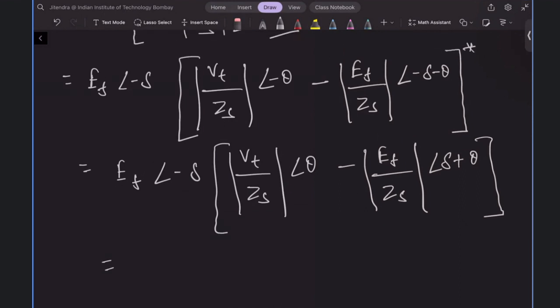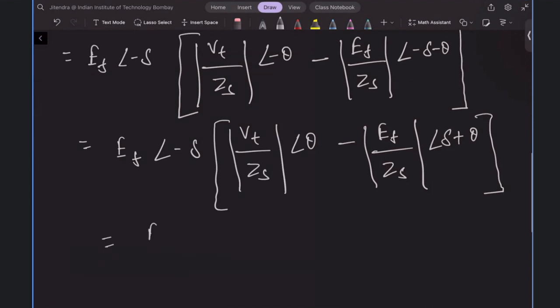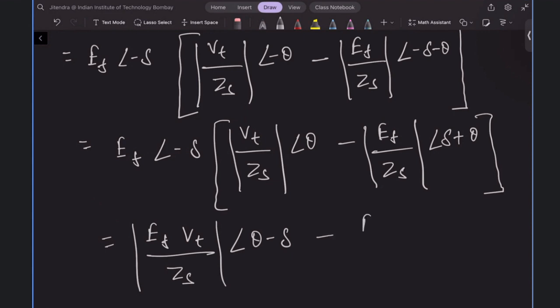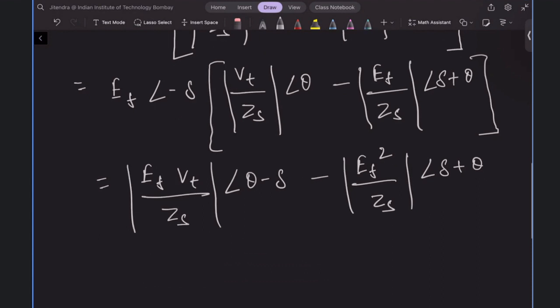Now we have to simply multiply it. So it will be EF VT by Zs angle theta minus delta minus EF square by Zs angle delta plus theta. Yeah, any question? Okay, till now it is fine.